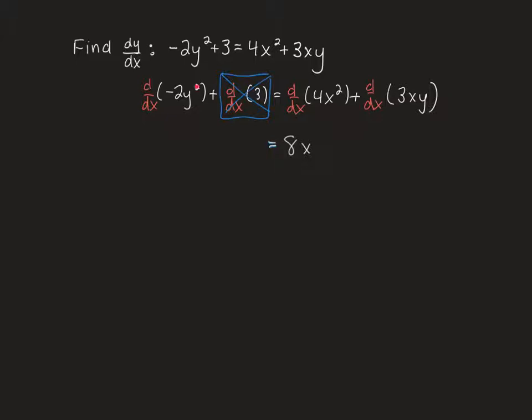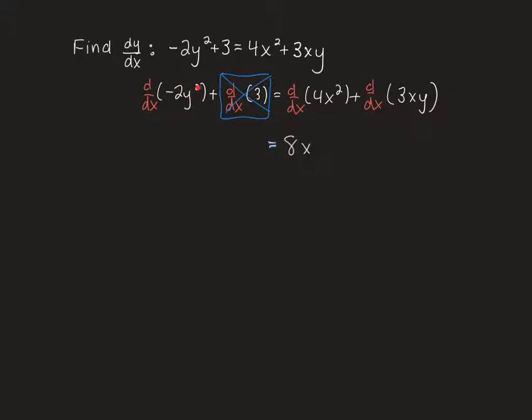So right here, keep in mind that y is some function of x. So think of y as an inside function, and I'm going to apply the chain rule. The chain rule says do the derivative of the outside. My outside function is this negative 2 coefficient and the squaring, and y is my inside function.